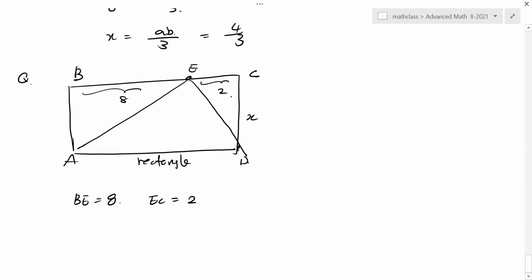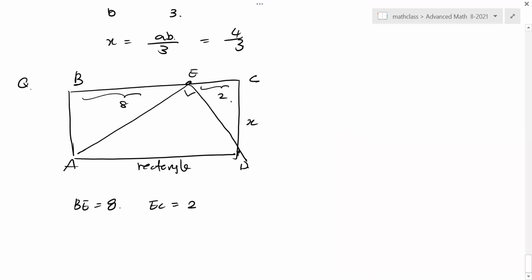But what we know is this is a right angle, so this is a right triangle. Using that, are you able to figure out X? Again, you have to find all the similar triangles.